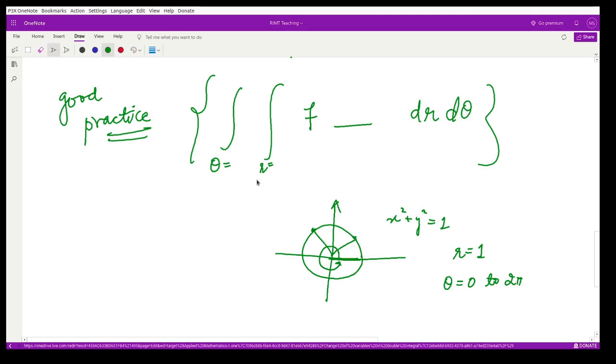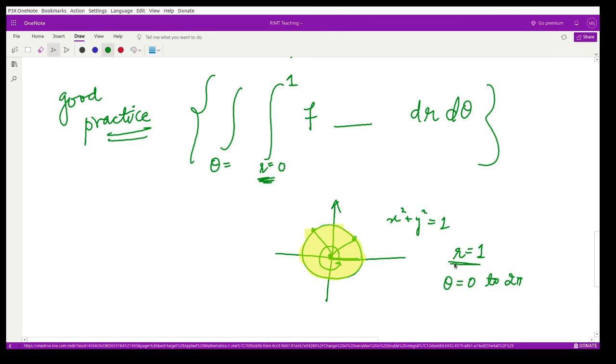So suppose you wanted to calculate the variable limits for r in this particular case, because r is moving from here to here, and suppose you wanted to calculate the area of this particular region. So in this case, r varies from 0 to the value of r here, that is equal to 1.